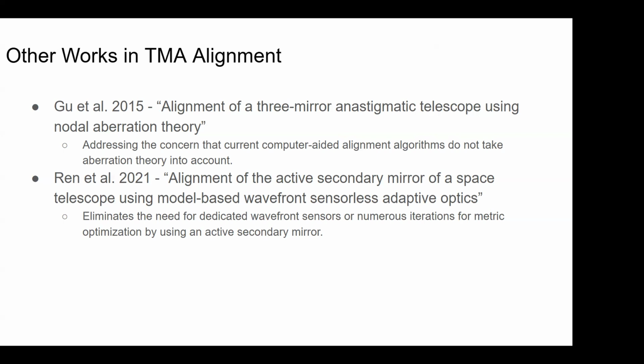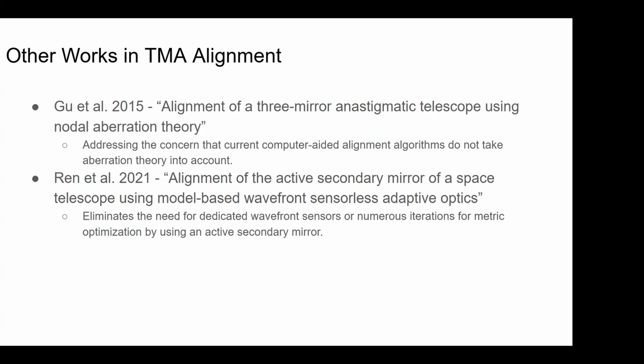So they were limited in that I think they could do translational misalignment of -1 to 1 millimeter on their secondary. We're trying to go for a larger range of misalignment given what we can do from blind scanning.